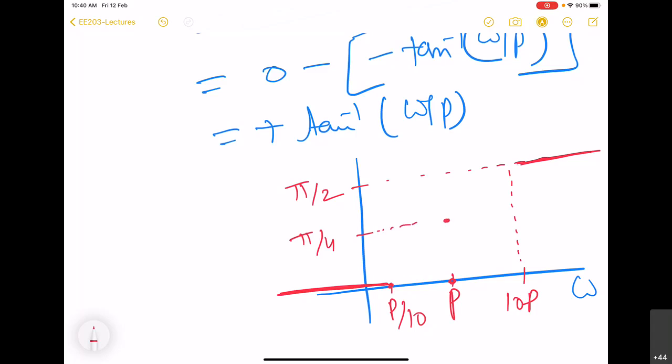So we'll now join these 2 points by a straight line passing through the 45 degree point. Right. So this is the phase plot for a pole at a frequency other than the origin.